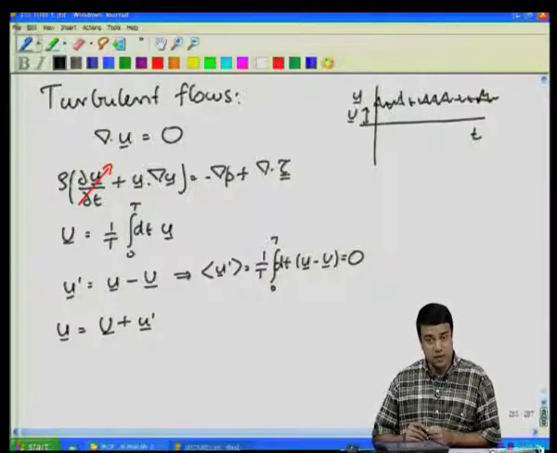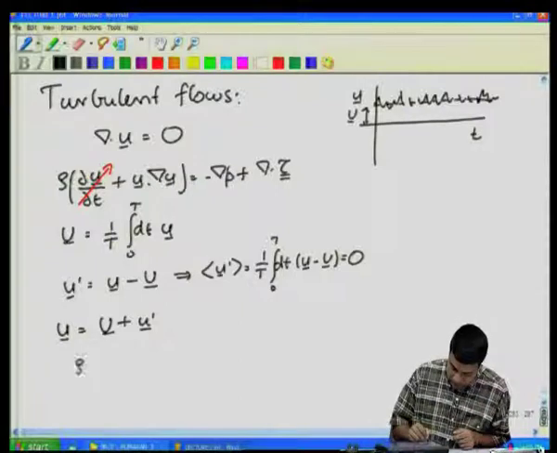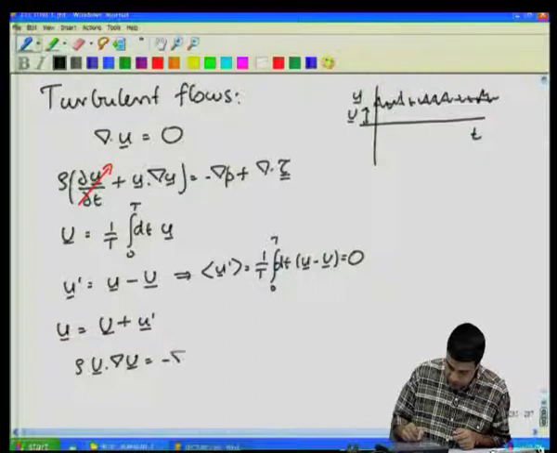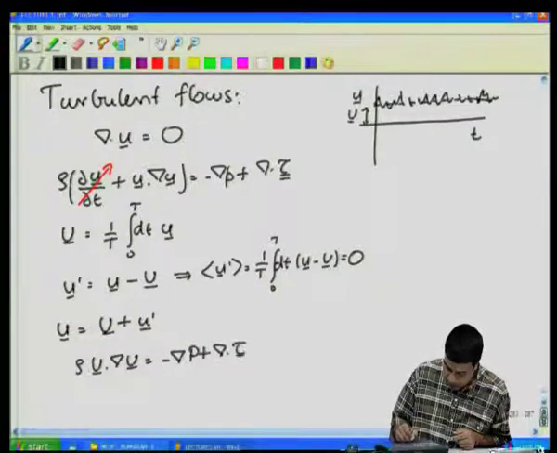When we substituted this and took the average, we got an equation of the form rho times U dot grad U is equal to minus grad p plus del dot tau plus the divergence of a second term.